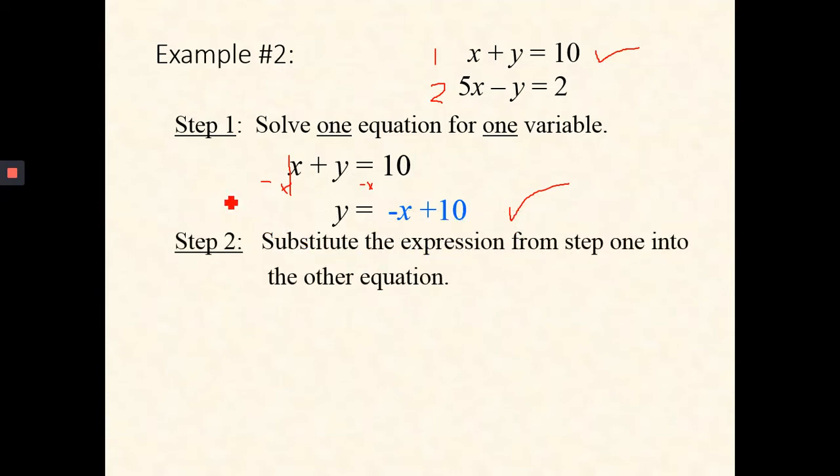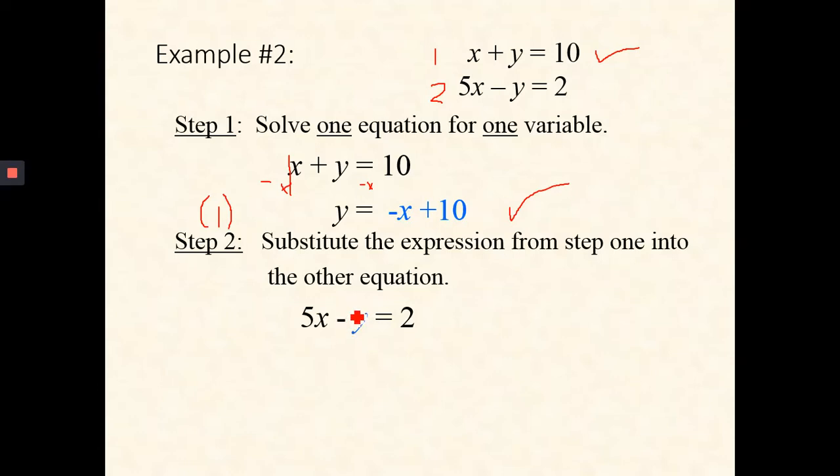Okay. In step 1, we used equation 1. Therefore, in step 2, we're going to use equation 2. You have 5x minus y equals 2. So you are now going to substitute your y.